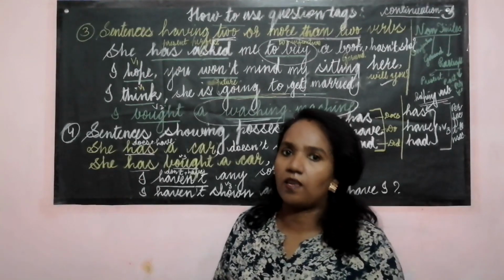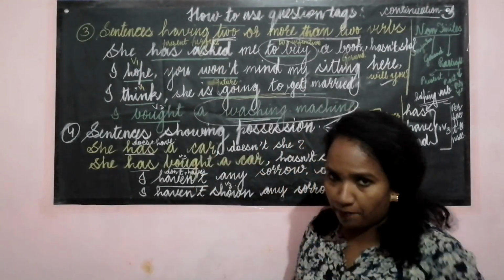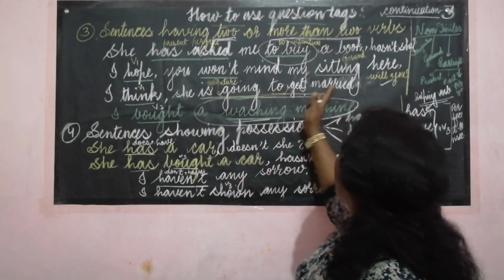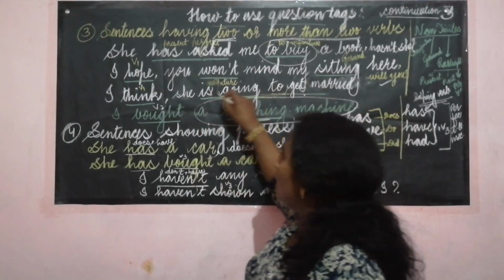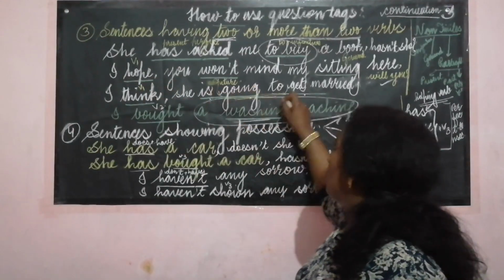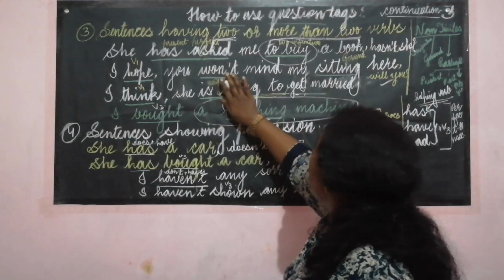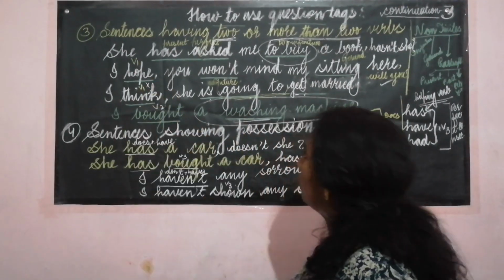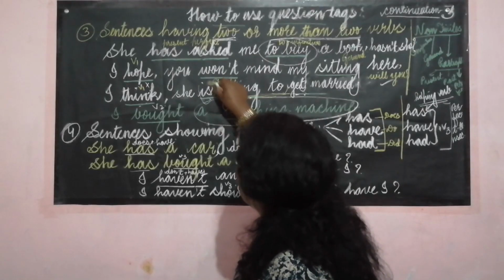That same sentence, a near future, can be expressed with the going to structure. She is going to get married. Here we have is plus going to plus V1. We need not touch any of this and we are not to take this one also. We already have she is.